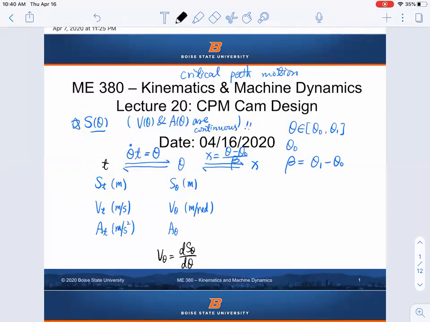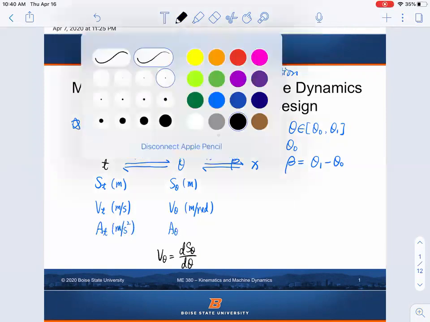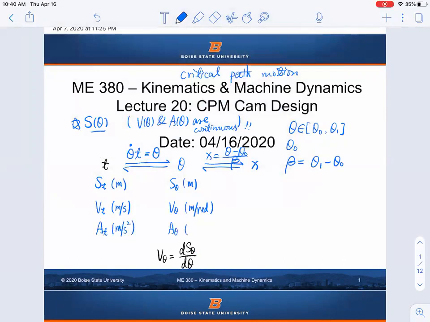So remember the definition for your SVAJ diagram. The velocity diagram is not a time derivative, it's a theta derivative. That's something you need to always keep in mind. Very special. It's the same thing for acceleration, meters per radian square.